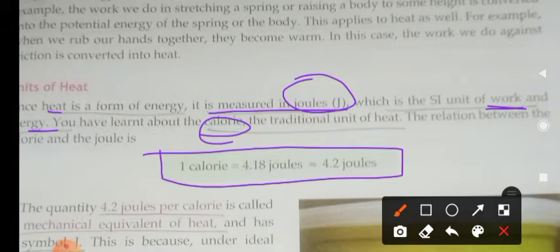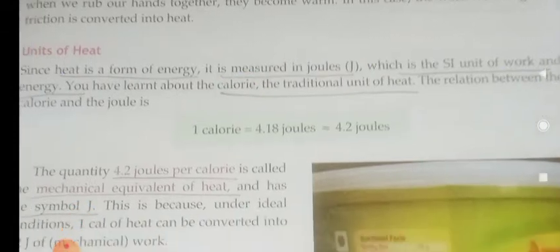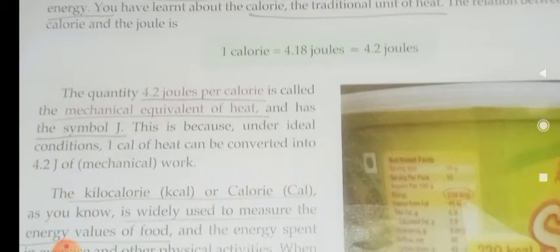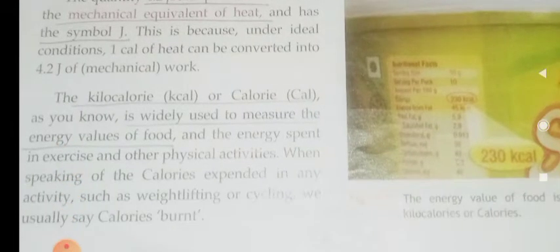So this calorie is used in the measurement of heat energy present in the food items. This calorie is widely used to measure the energy values of food.